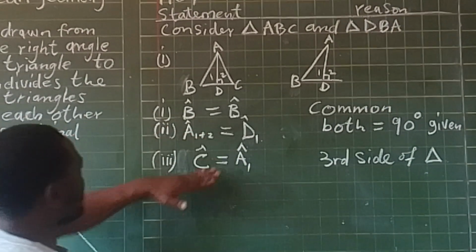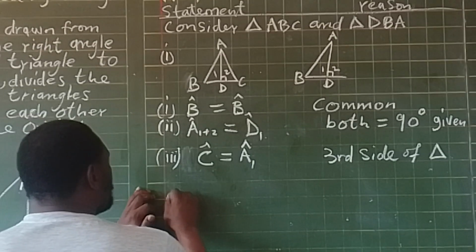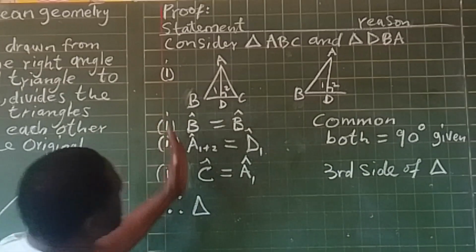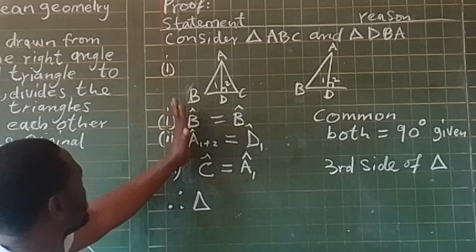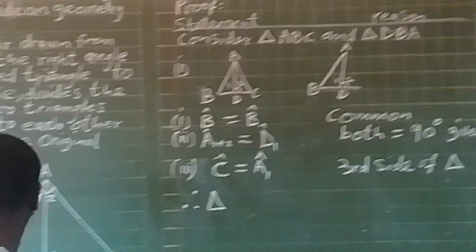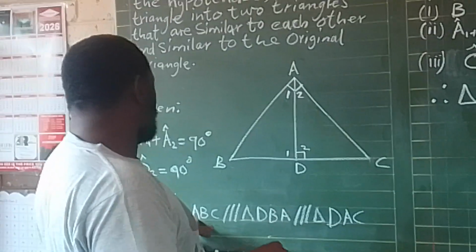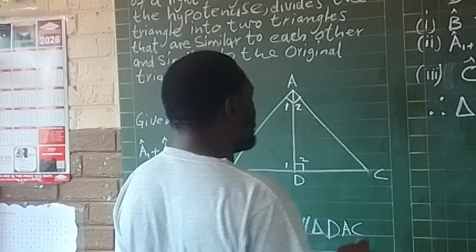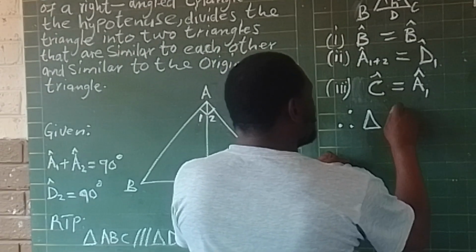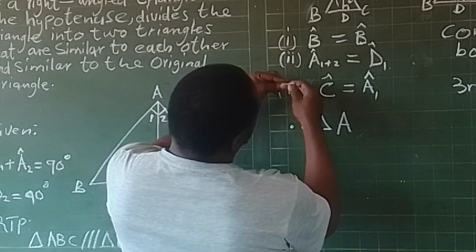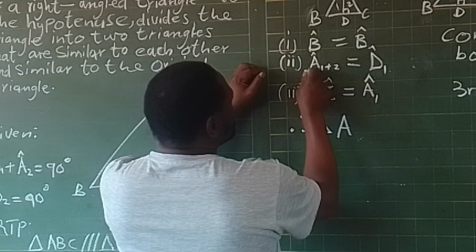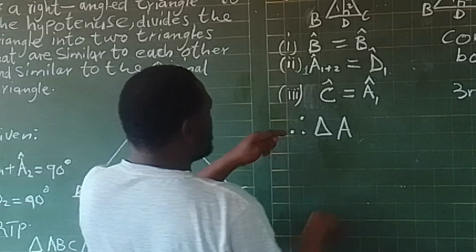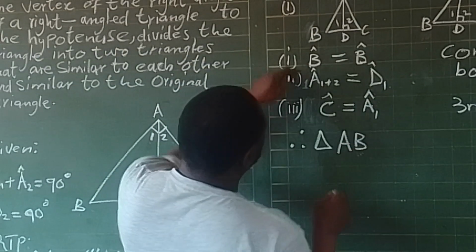Right. From here, you can conclude that, therefore, triangle, you take it according to the sequence. If you want to take it according to what you are given here, you can do that, but you must make sure that you mark which one is what. If they say A, here is your A, this is the first. A, B, where is your B?